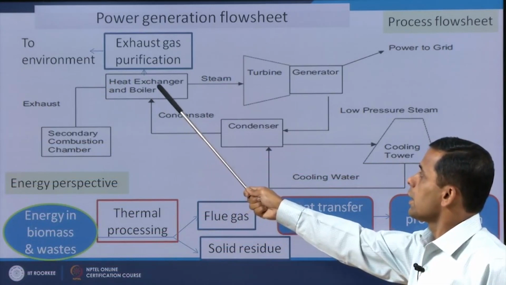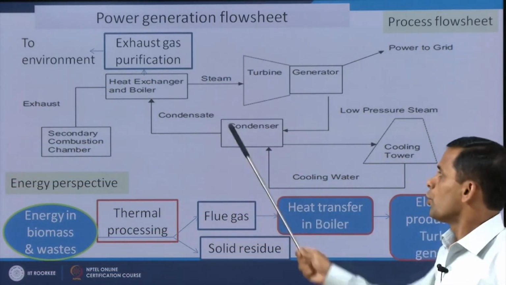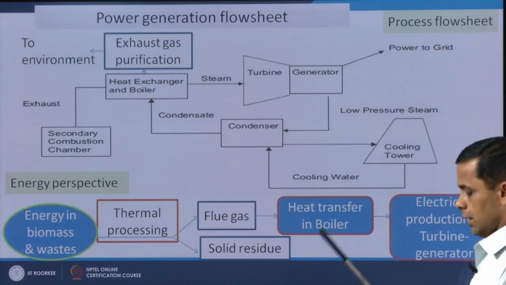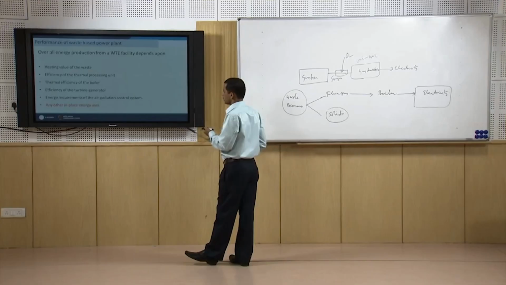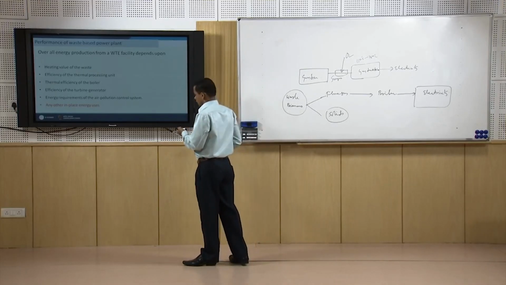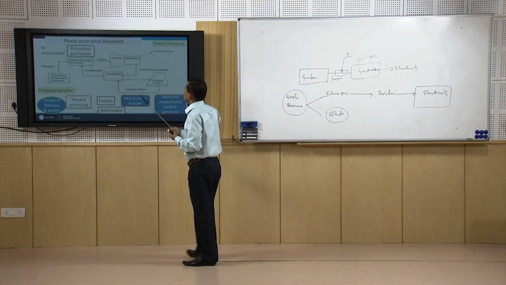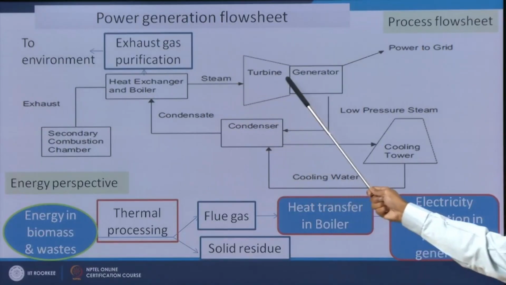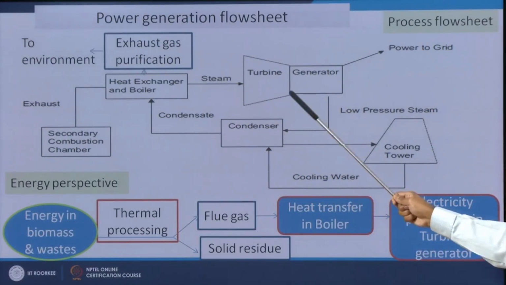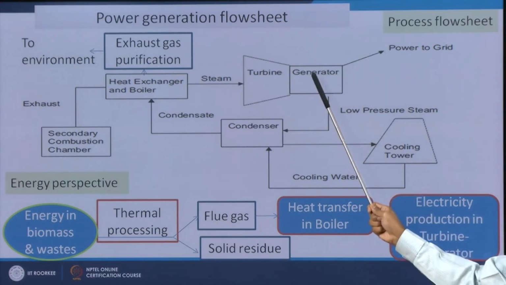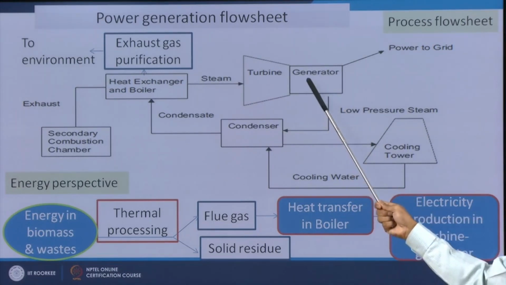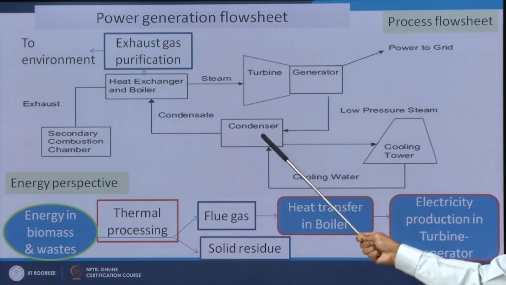Then heat exchanger in boiler. So, boiler efficiency will also be responsible, and then you will see it is coming to turbine and generator. So, efficiency of turbine and efficiency of generator will also influence the overall performance. Then it is coming to condenser.